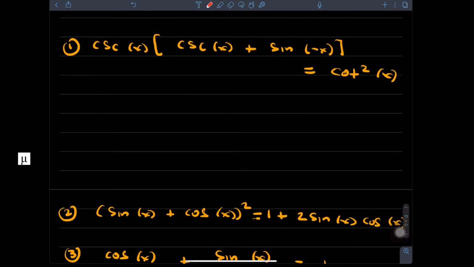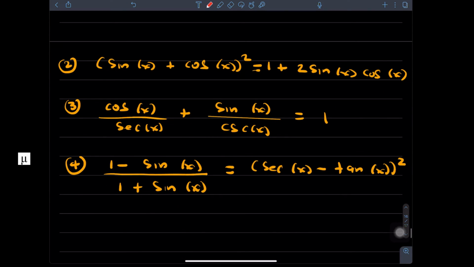You ready? You have left-hand side equals right-hand side. Is that true? Okay, let's move this down.